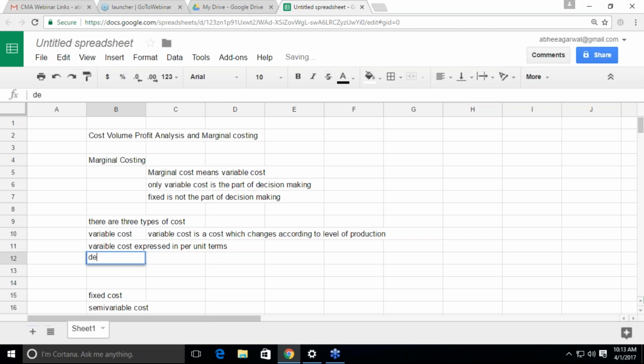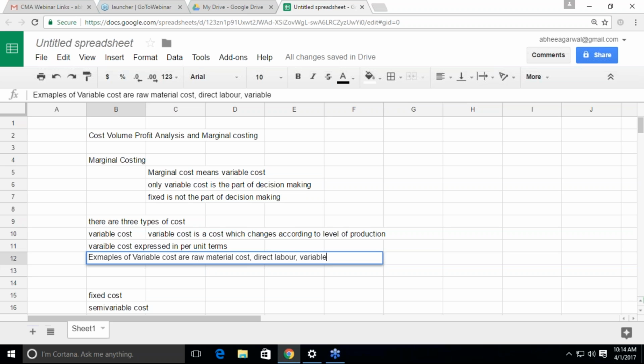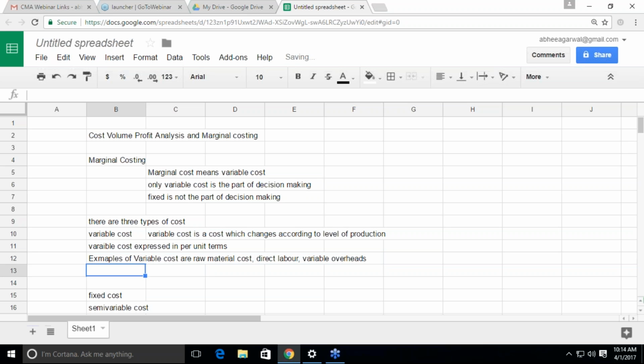Examples of variable cost are raw material cost, direct labor, variable overheads. These are the examples of variable cost.